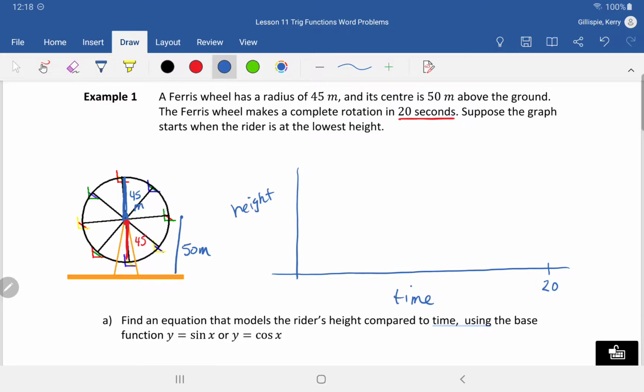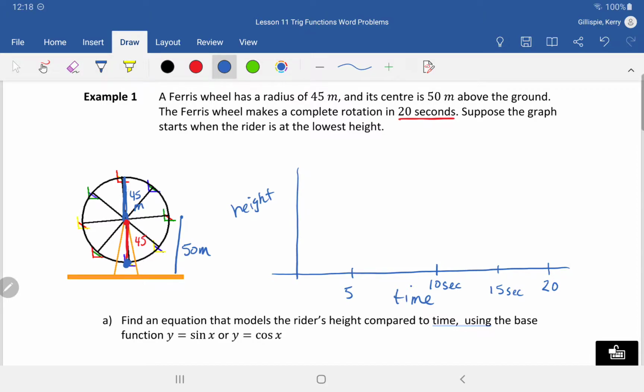And if it takes a full 20 seconds to do one rotation, then that means at 10 seconds, you would be halfway through the ride. And then we can label the 5-second mark and the 15-second mark. It doesn't have to be perfect, just as long as it's somewhat spaced out evenly, which this one's not really, but that's okay.